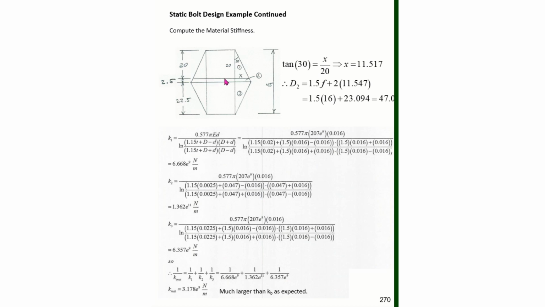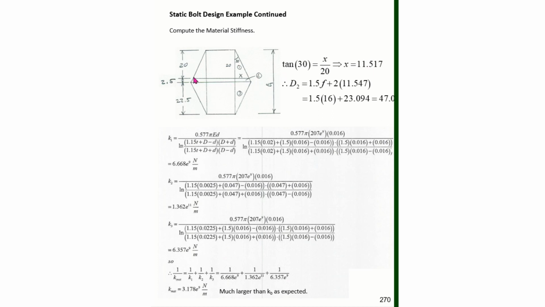So big D is this length from here to here. And to compute that number, we know that this angle here is 30 degrees, and we know that the tangent of 30 is equal to x over 20. And so solving for x, which is this distance here, I get 11.5.